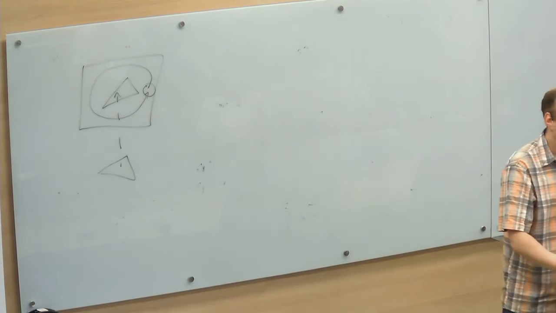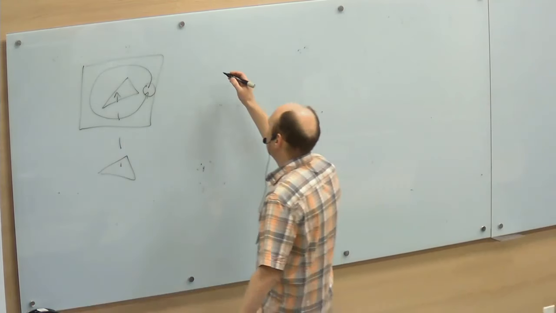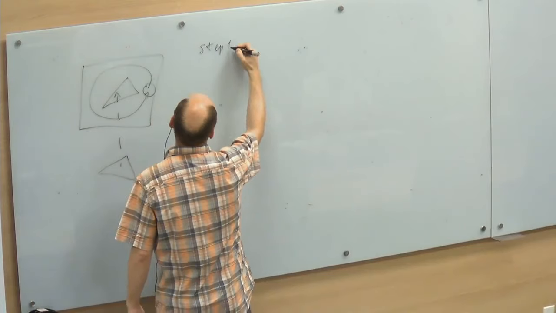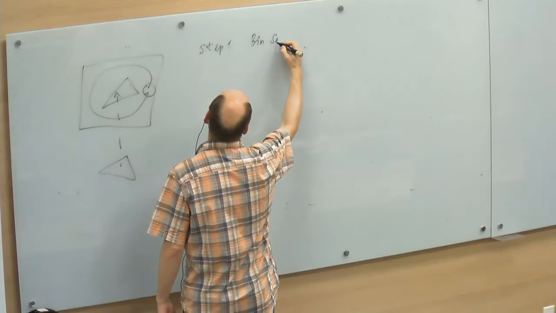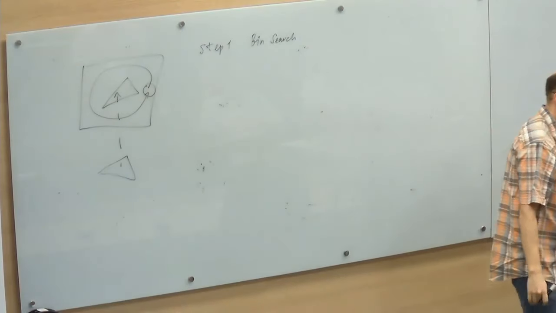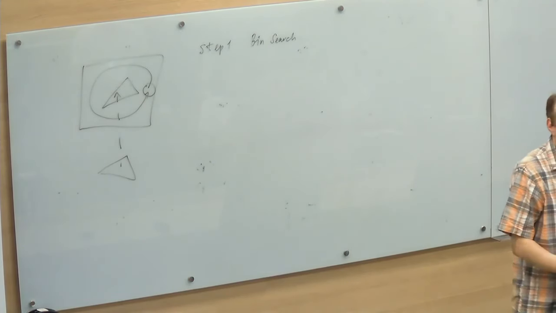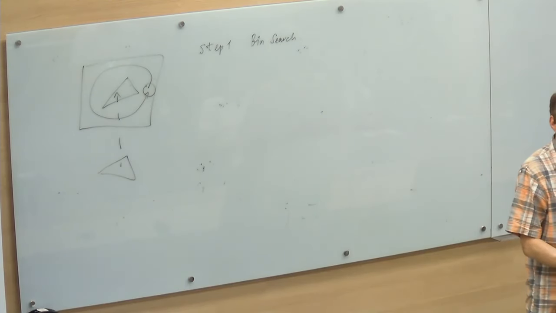First thing that we do in such problems always is to do binary search. So we binary search on the size of the car. The next thing we would like to do is to reduce the problem to a point, not to a circle.